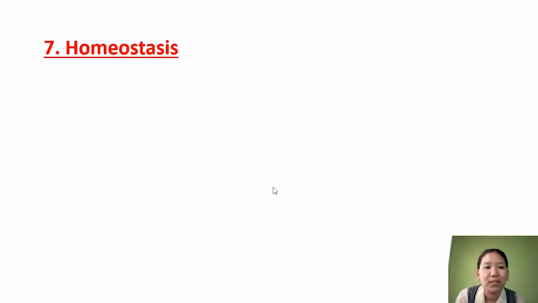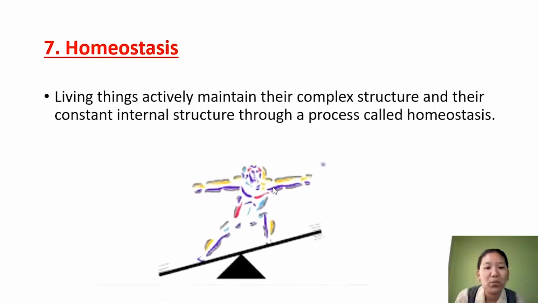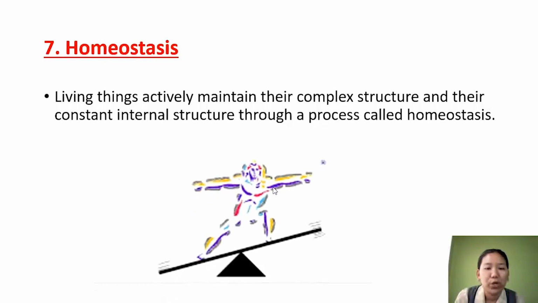Next, homeostasis. All living organisms actively maintain their complex structure and their constant internal environment through a process called homeostasis. All living organisms try to balance the internal structure and internal metabolism. This balance is very important. Let us take a simple example from humans. During a hot season, when the weather is very hot, our body temperature tends to rise.